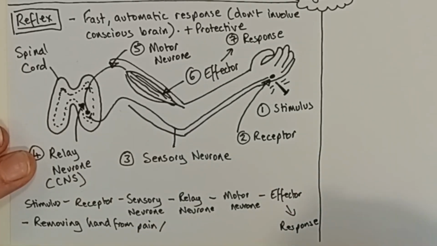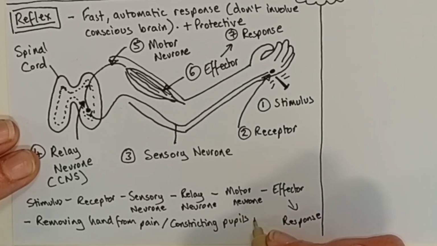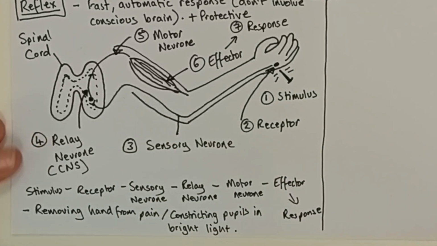Or it could be making your pupils narrower, so constricting your pupils in bright light. So they're reflex responses, fast, automatic, and often protective.